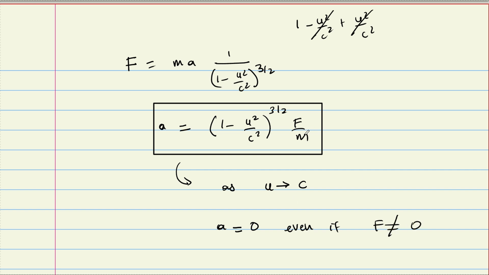Even if you keep pushing the particle, as you come closer and closer to the speed of light, you are going to have zero acceleration, right? That's why we say that for massive particles, they can never go at the speed of light, right? They can get faster and faster, but as you get closer, the acceleration is going to be zero. Good.